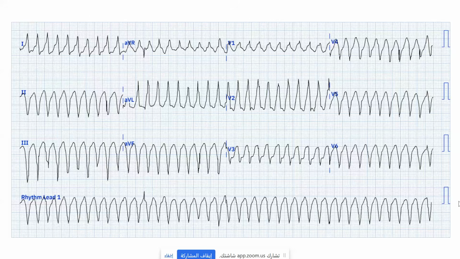Ventricular tachycardia. Why VT? It is wide QRS and regular. So you mean this is a wide complex tachycardia and it is regular.